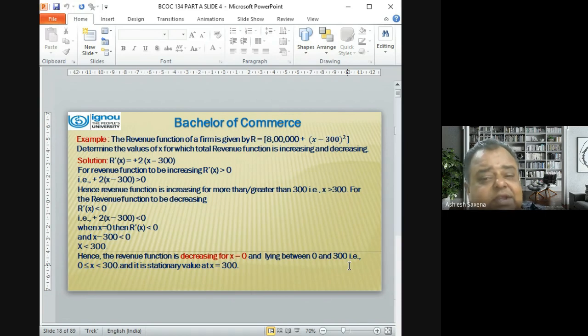That means the function will be increasing for any value greater than 300, and for the decreasing part, any value which starts from 0, no production, no output, x is equal to 0, it will be a negative function. That is a stationary value. That means you can say that minimum you have to produce quantity more than 300.